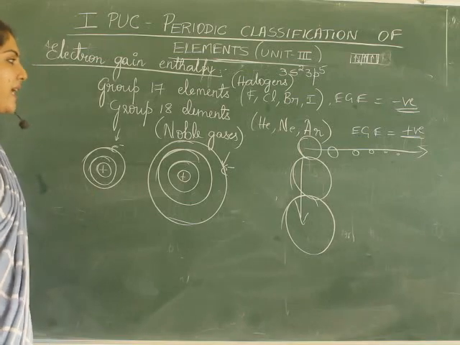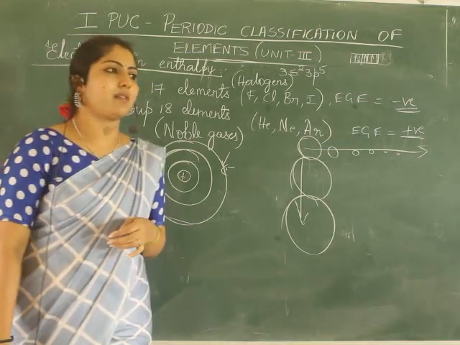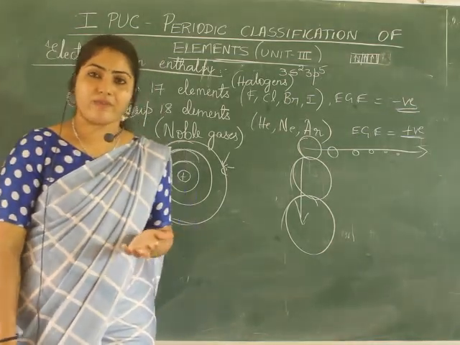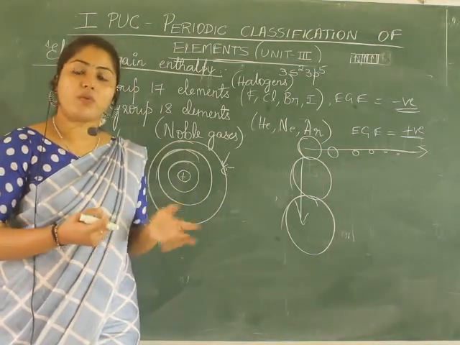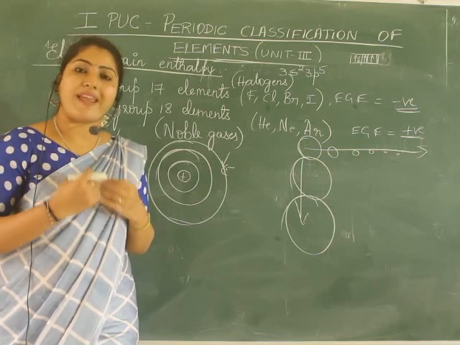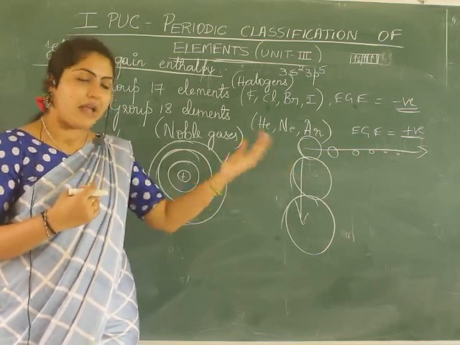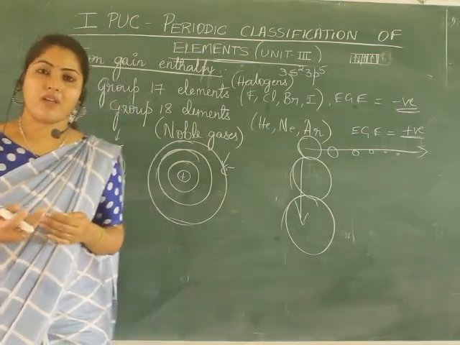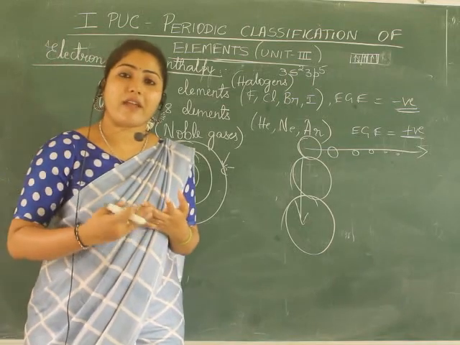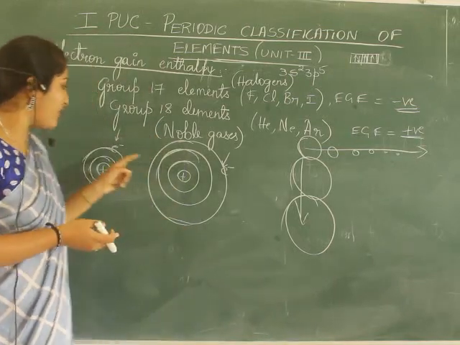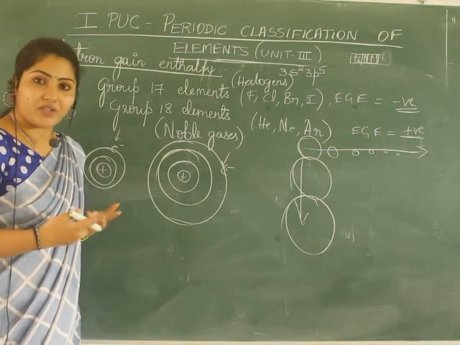If the nucleus is close to the outermost shell, what happens? It is just like when your friend comes to your house. If your mother is very affectionate, your friend feels like coming inside because they are treating me in a very good manner. They are very close, very affectionate.